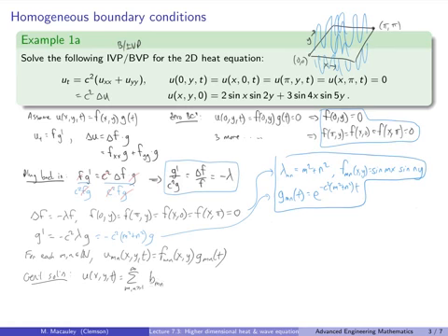So b mn times u mn of x, y, t, and that's just m and n. Again, you can write this as a double sum if you want to. I just like this because it's a more compact notation. So b mn times sine of mx times sine of ny times e to the minus c squared times m squared plus n squared times t. This is our general solution.